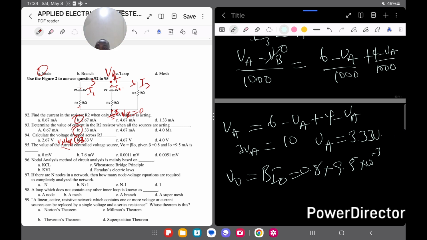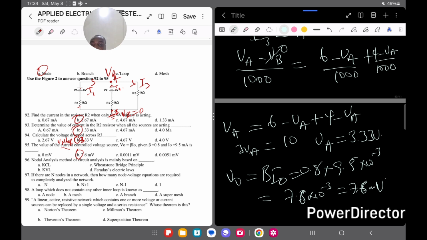So that will give me 7.6 times 10 to the minus 3. Sorry, 7.6 rather. Millivolts rather. I don't know why I'm saying milliamps. Volts. So millivolts. So that will be for question 5.